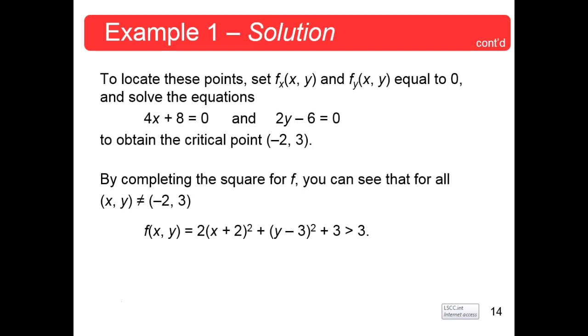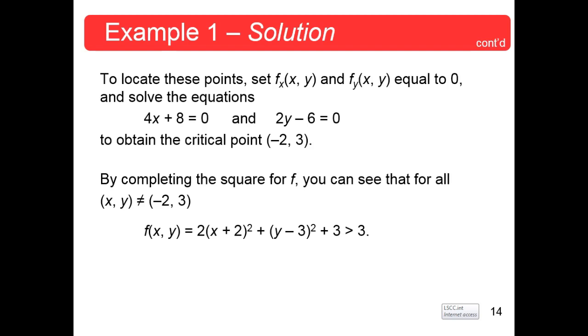At negative 2, this comes out 0. Any other value comes out different from 0, you square it, and it's more than 0. Any value other than 3 here, 3 will give you a 0 here. Any value other than 3 that you put in here is going to give you something other than 0. Square that, it's going to be greater than 0. So any point you put in here is going to be something greater than 3.